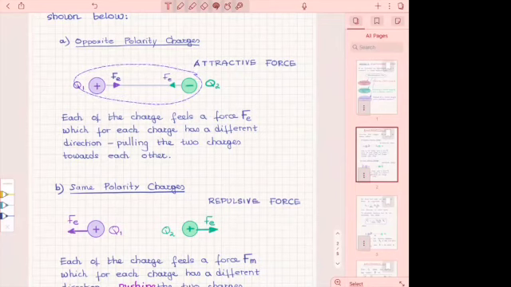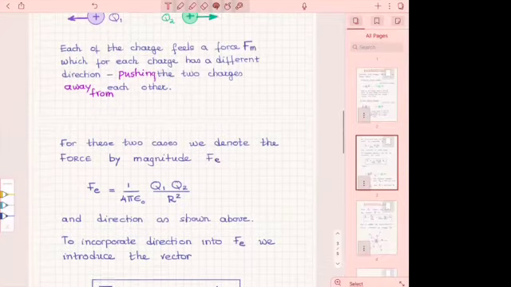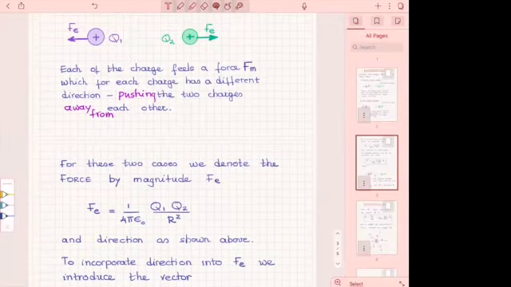Then we look at the magnitude of the force. If you look at the force as a scalar, because you know what the direction is going to be, then this is the scalar form of the force.